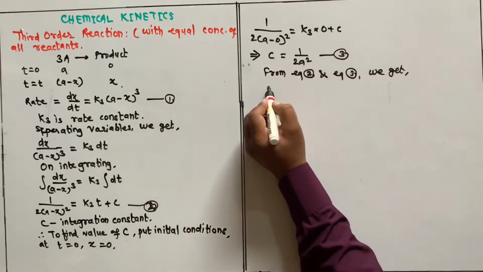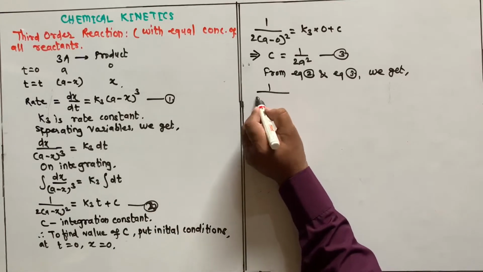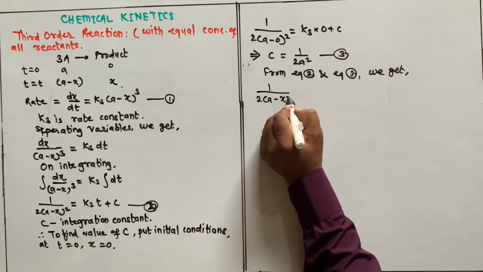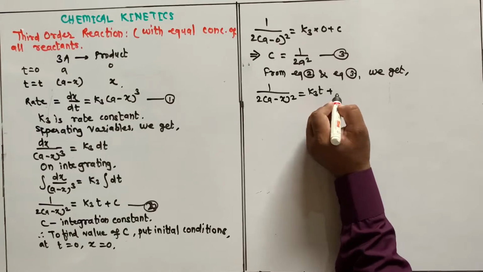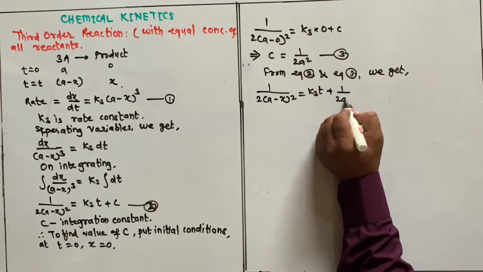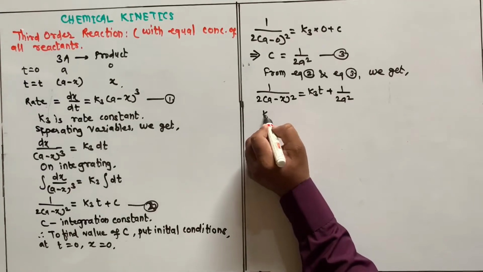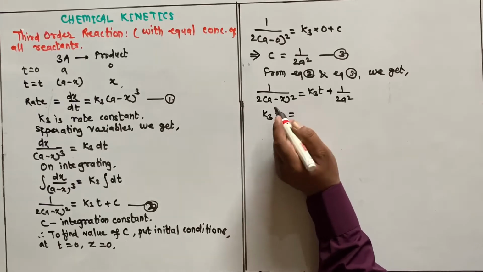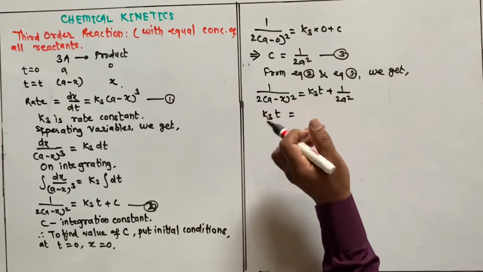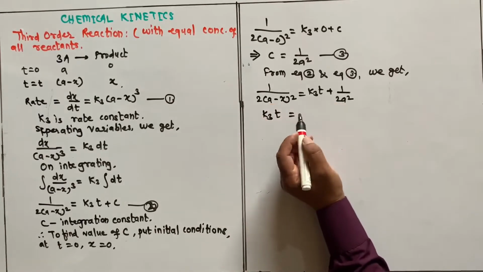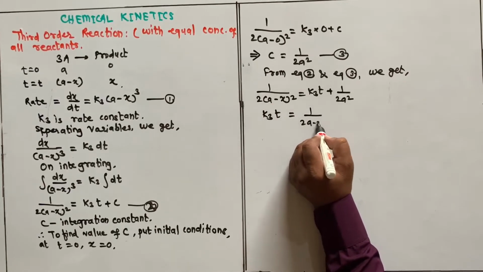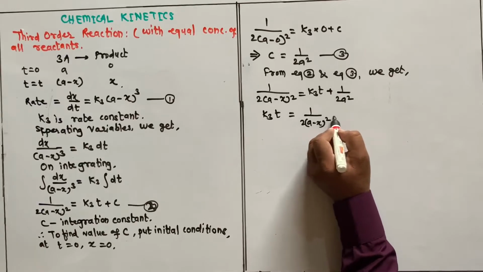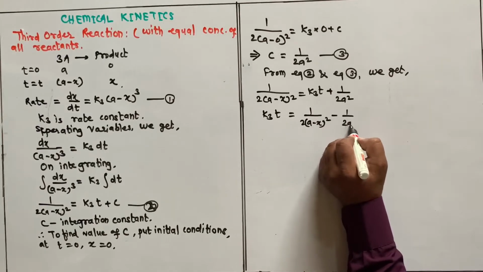Substitute the value of c from equation number 3 into equation number 2. We get 1 upon 2 times (a minus x) square is equal to K3t plus c, so the value of c is 1 upon 2a square. Therefore K3t is equal to, taking this value from right hand to left hand, 1 upon 2 times (a minus x) square minus 1 upon 2a square.